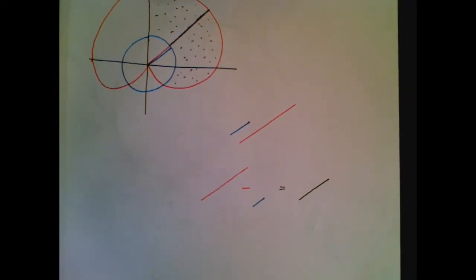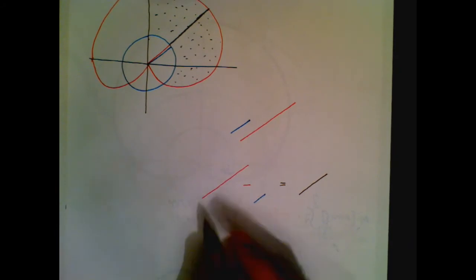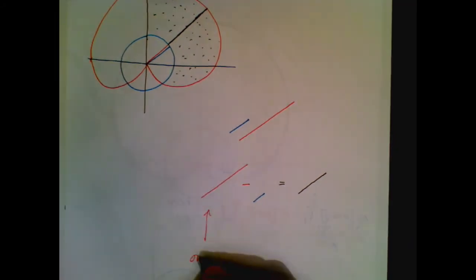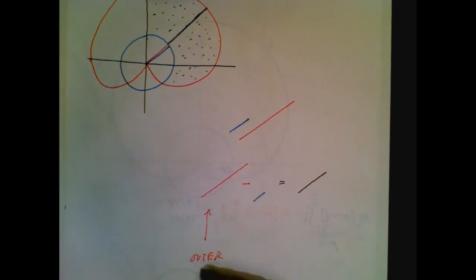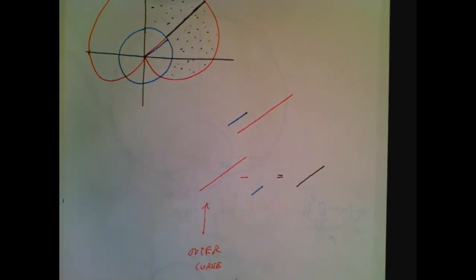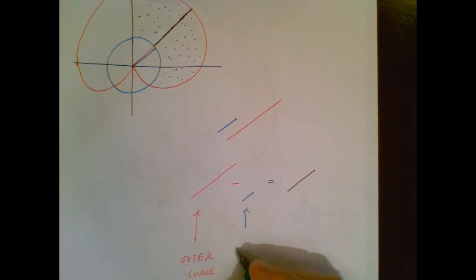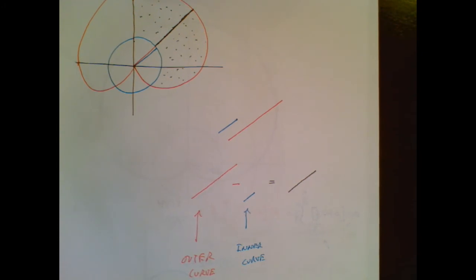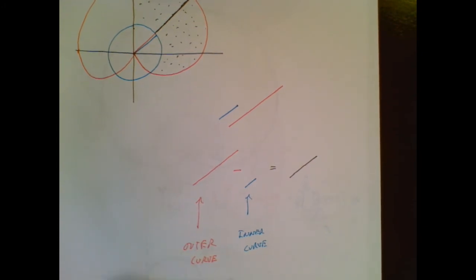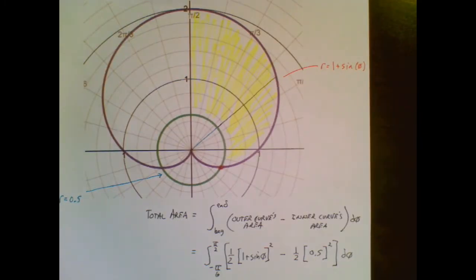When I do this segment addition and subtraction, this first radius is the radius that would go out to the outer curve. But remember, that was too big. This radius is the radius that would go out to the inner curve, and remember, that's too small. But through the trick of math, we can get the one we want. So outer curve minus inner curve will leave me the distance that I want.